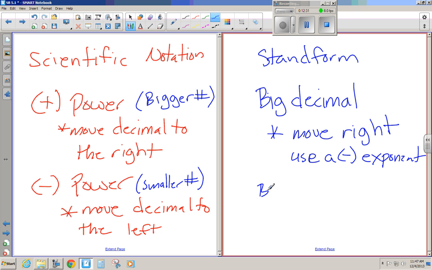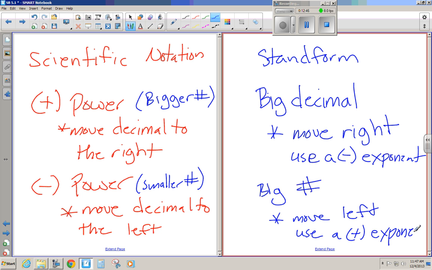If you have a big number, move left and you use a positive exponent. All right, that's how you can convert all of your scientific notations.